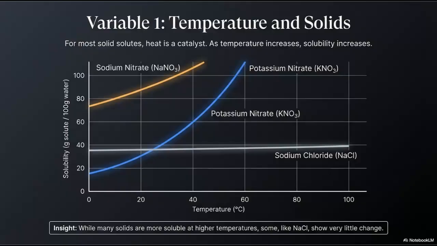Now, by looking at the chart, there are three things I want you to be able to determine: if it is saturated, unsaturated, or supersaturated. It's very easy to do. Any point on the line means saturated. So I can go, let's say, at 40 degrees Celsius to the first line in here for potassium nitrate, which is around 60 grams of solute per 100 grams of water.